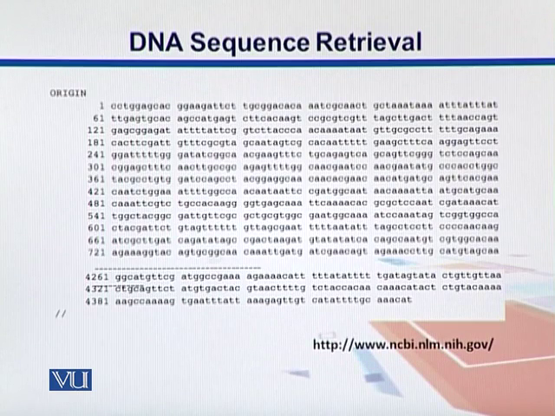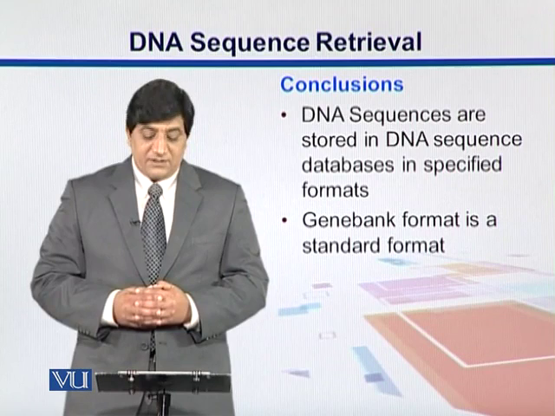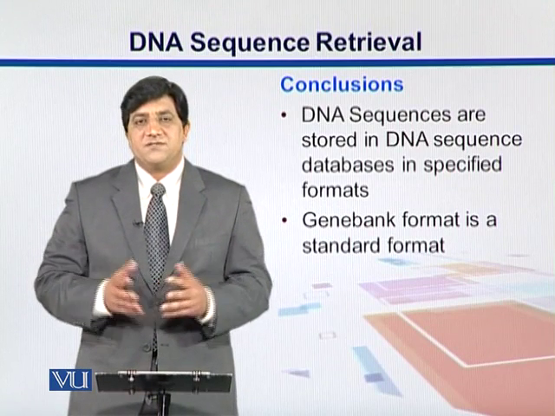In the end, we reach the word origin, and here we can see the actual nucleotide sequence, starting from 1 up to the last nucleotide, and the sequence ends with a double slash sign. So DNA sequences are stored in DNA databases in a specific format, and GenBank is kind of a standard format.